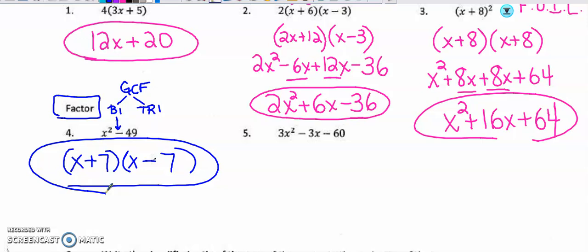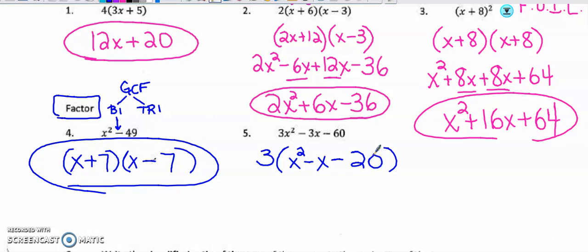When we go to number 5, first thing, is there a GCF? There is. So we're going to divide out a GCF of 3. That means you should have a trinomial inside your parentheses. 3x squared divided by 3 is x squared. 3x divided by 3 is x. And 60 divided by 3 is 20.